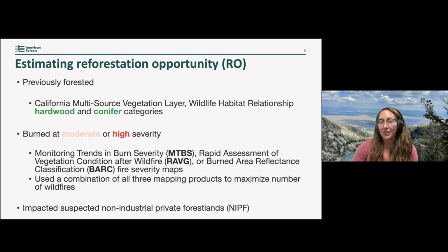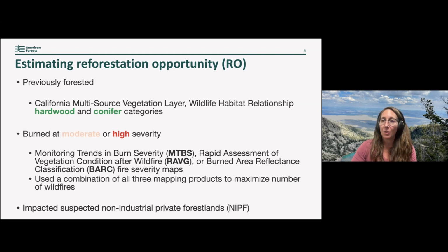For a fire severity standpoint, we looked at both moderate or high severity. We included moderate because I think there's also the sense of, if a landowner wants to reforest their property, they should be afforded the opportunity to do so. So we don't necessarily want to constrain that too strictly, but also there's things like delayed mortality that could potentially impact these landowners and these landscapes.